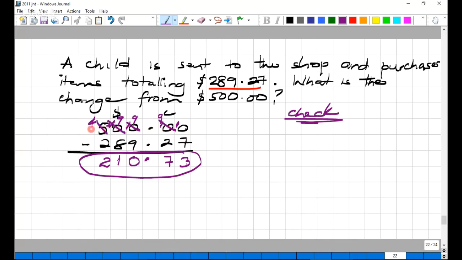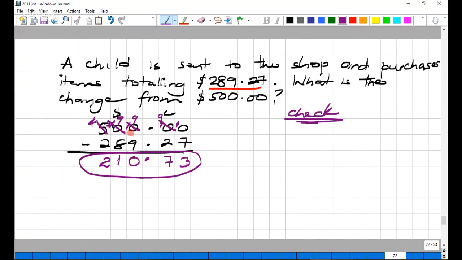That would have been the minuend. The number we're taking out would be the subtrahend, and our answer would be the what? Our answer would be the difference.